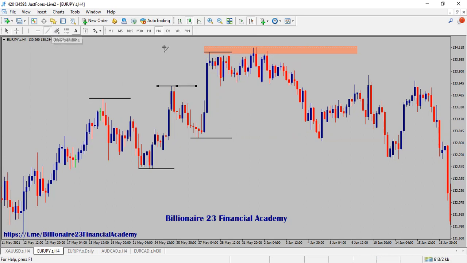We have a higher high, double top, or resistance, or we have an M formation. We have an M formation, and then the market dropped.